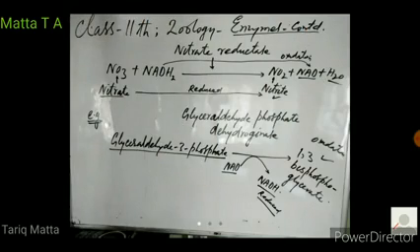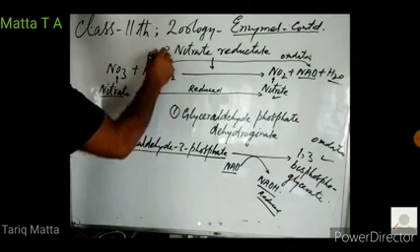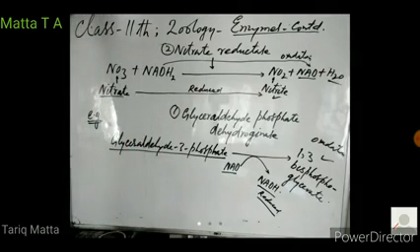So that is why we call such enzymes oxidoreductases. So we have two examples of oxidoreductases. Oxidoreductases are those enzymes which simultaneously catalyze oxidation and reduction of their substrates.